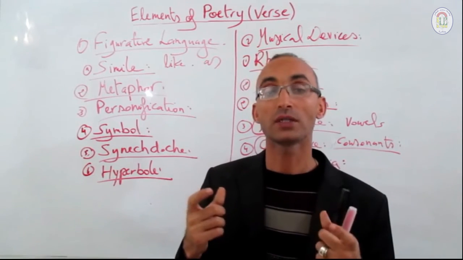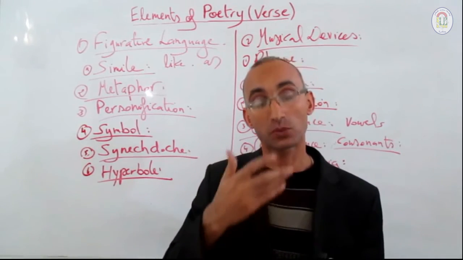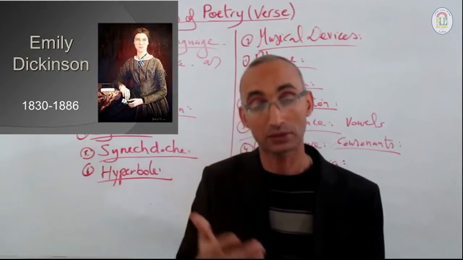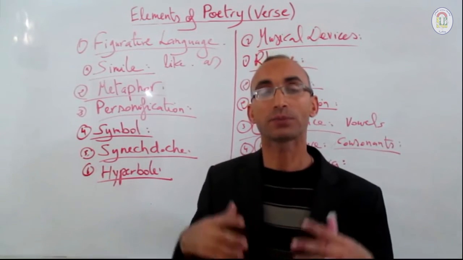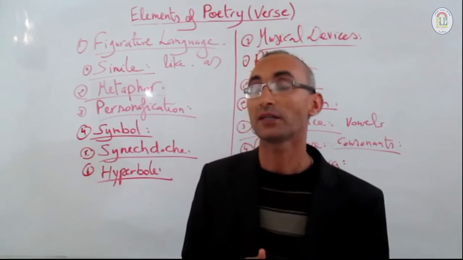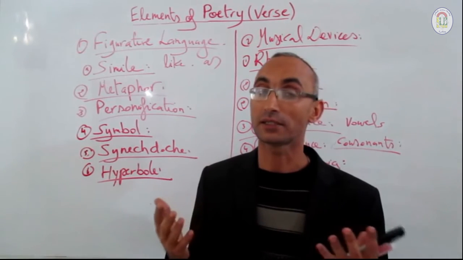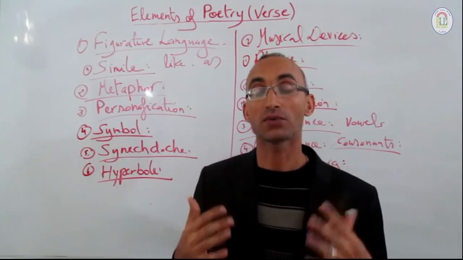We have also Emily Dickinson's poems, which are very interesting to read. They are not too long, and many other poems from both British and American literatures, and these poets enrich the body of world literature.